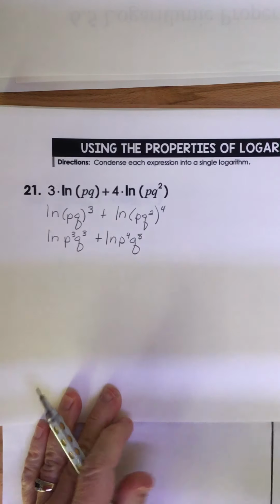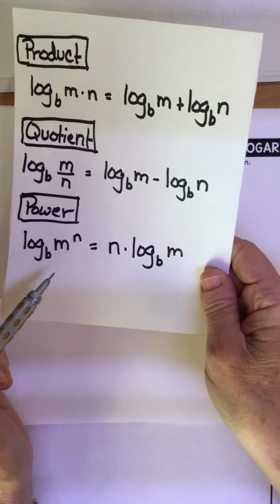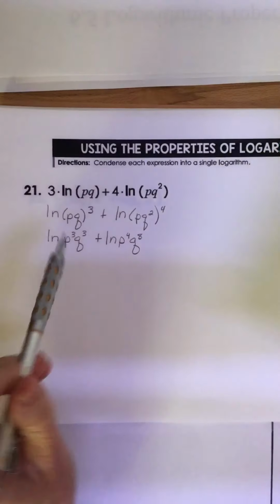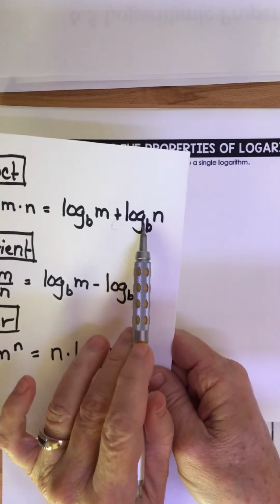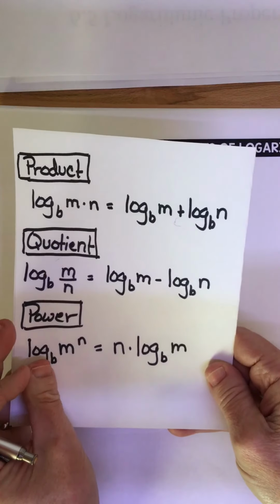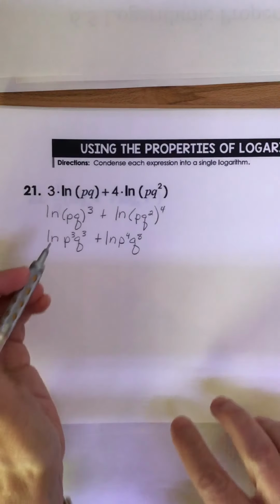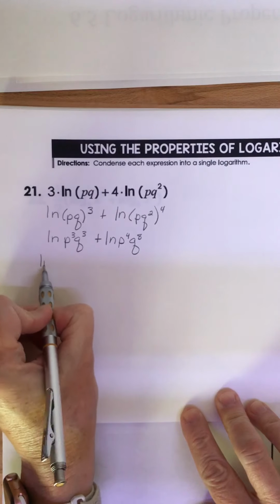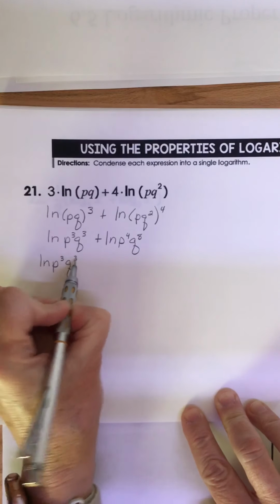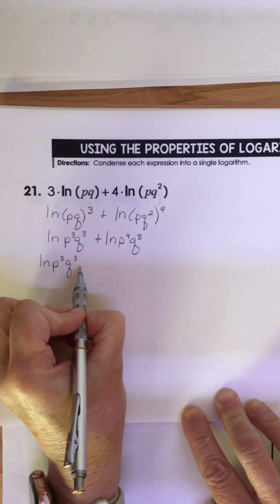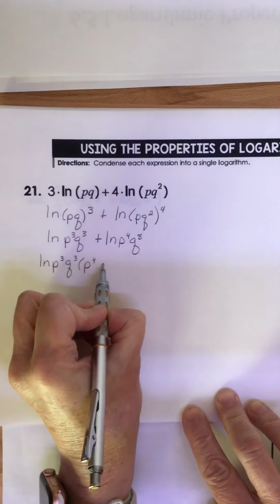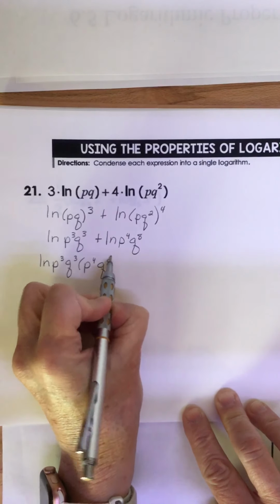And now that we took care of the power property, we're going to be using the product property. You notice that we're adding right here, so we're going from here to here, okay? So let's go ahead and do that. So natural log of P cubed Q cubed times P to the 4th Q to the 8th.